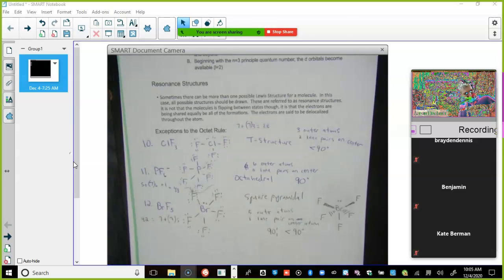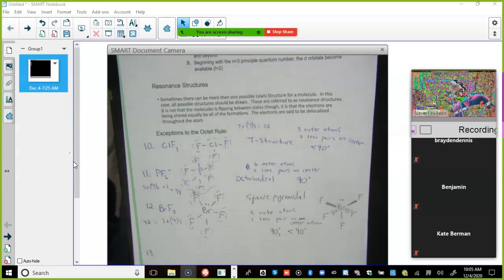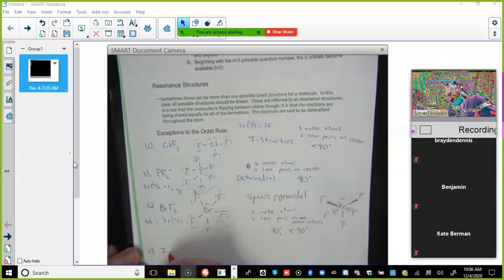Alright, then the last one. We haven't done a square planar one yet, I don't think. So we'll do square planar. Where's my example? BrF5. Oh, no, that's square pyramid, sorry. Yeah, ICl4. I was like, oh my gosh, I used to do that multi-ring.